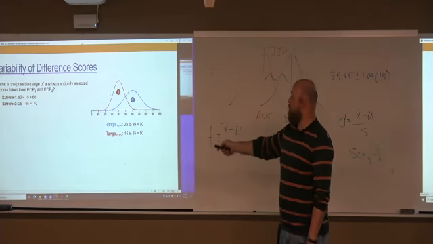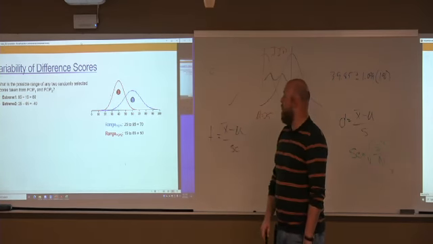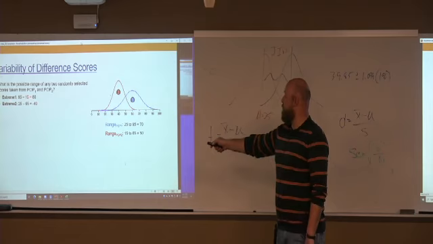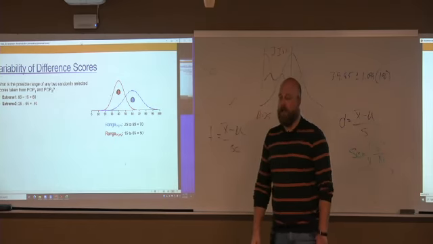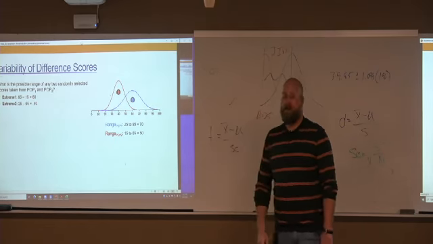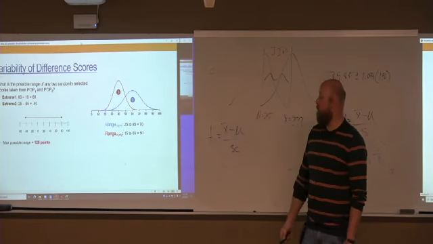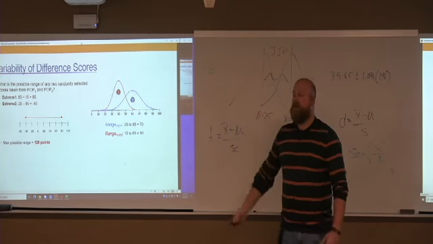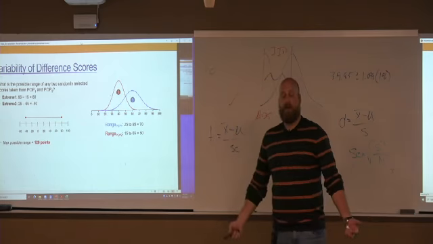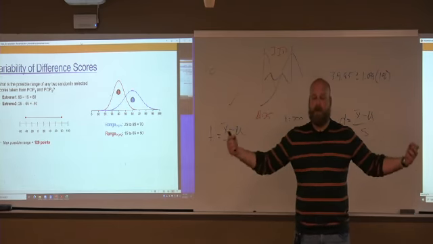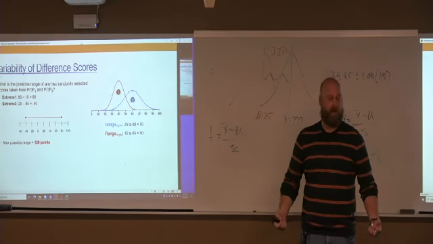So on one extreme, I've got an advantage of population 1 by 80 points. In the other, I have a disadvantage of population 1 of 40 points. And if I plot this out, I have a possible range of about 120 points that could be drawn from any 2 randomly selected samples from these populations.